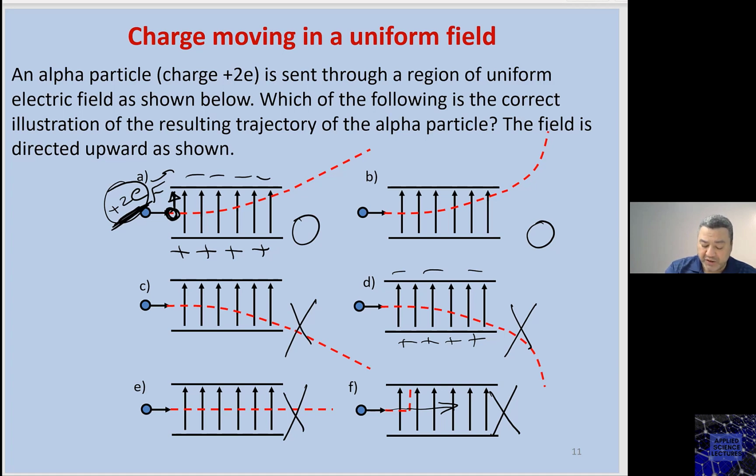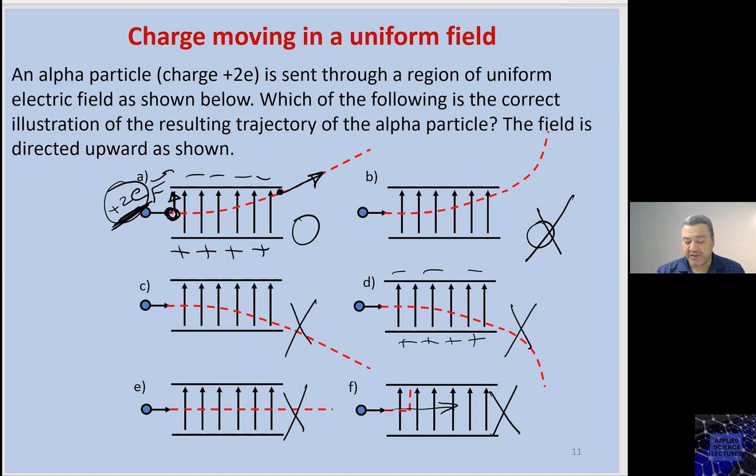So this velocity continues increasing till it reaches this point. At that point, when it leaves the field, there will be no force, and then this charge is going to continue with its final velocity that developed right at this point. This one is wrong. Why?